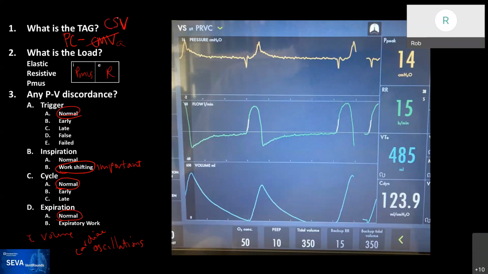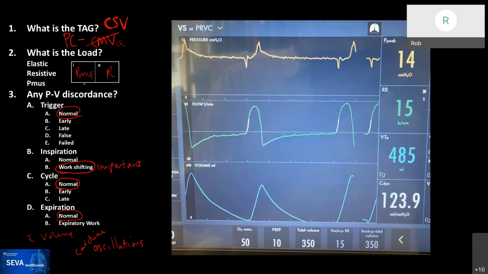As far as what's the load, very clearly we have distortion in the positive direction for inspiration on inspiratory flow. That can only happen if you have PMUS, and we have a corresponding distortion on the pressure waveform. So basically, the ventilator isn't generating any pressure because the patient's sucking in as fast as the ventilator can go out.